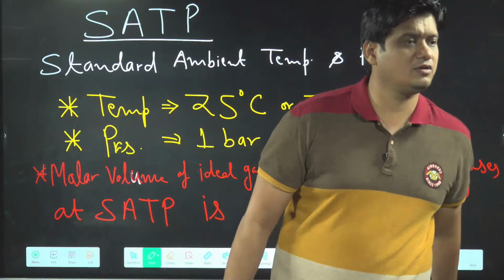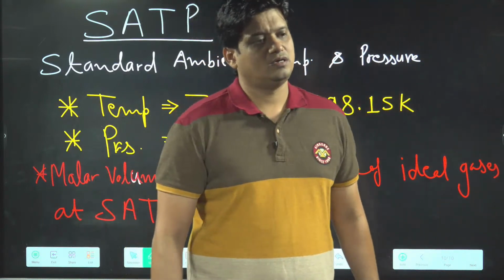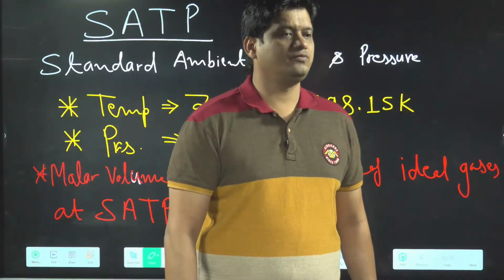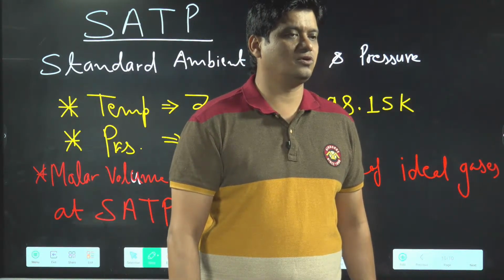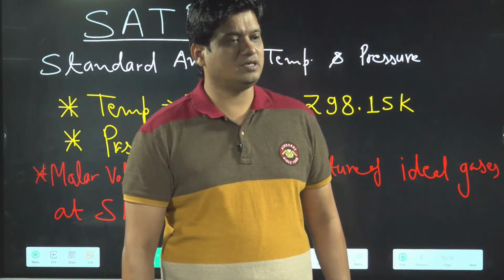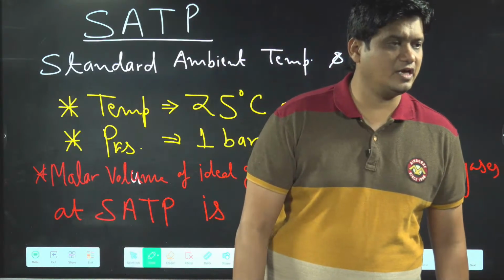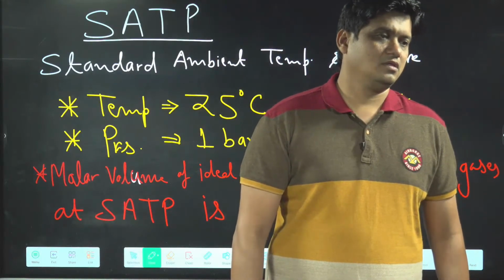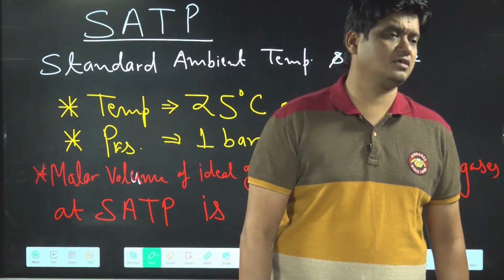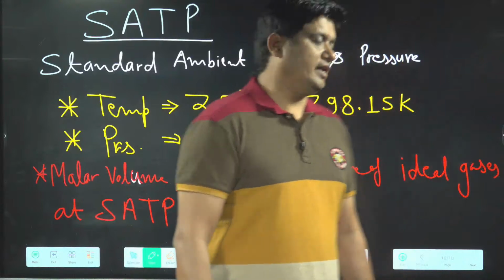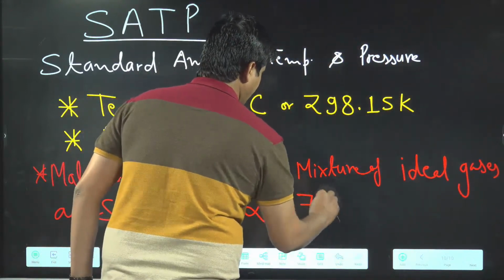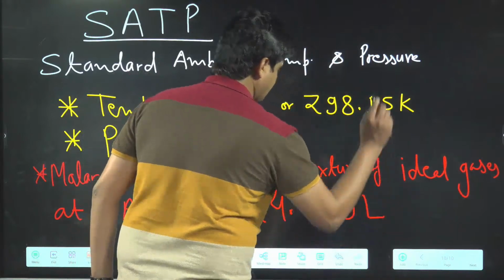22.4, Ram, you are not correct. 22.4 liter, 24.7 is also wrong. Yes, the unit is not mentioned, but it is correct. 24.789, please mention the unit also. It is actually 24.789 liter.